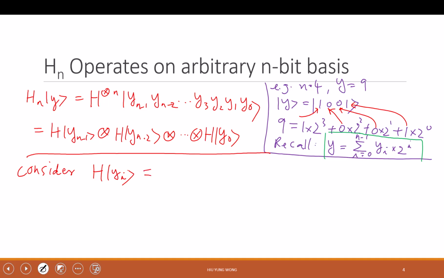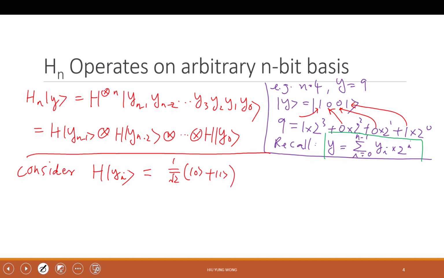So if I apply H to y_i, what can be the output based on the behavior of the Hadamard gate? That's why it's easy for quantum computing with 1 qubit. What can be the output? Plus or minus. So when would you get plus 1 over square root 2? This is plus, right? 0 plus 1.